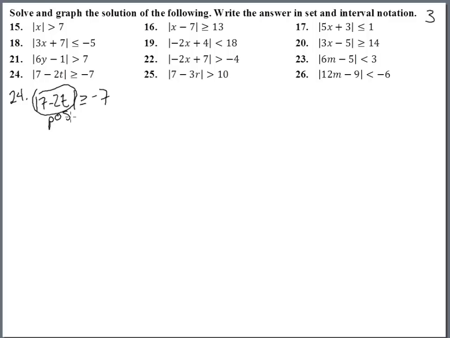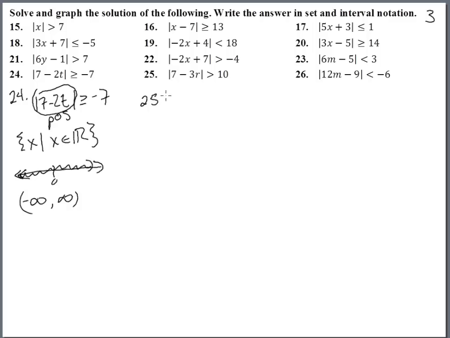When you take the absolute value, you'll get something positive, which is bigger than or equal to -7. It works. So, solution set is all numbers such that we're sticking in the real numbers right now. The graph, of course, there's 0, and it's just going to be everything in both directions. Interval notation, -infinity to infinity.